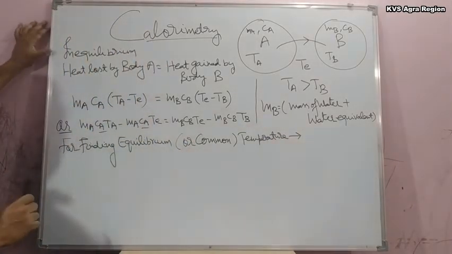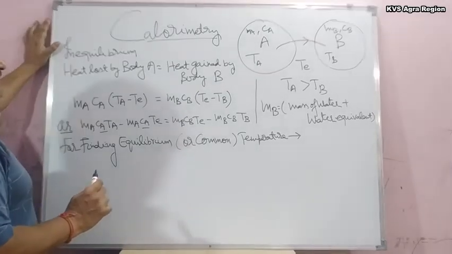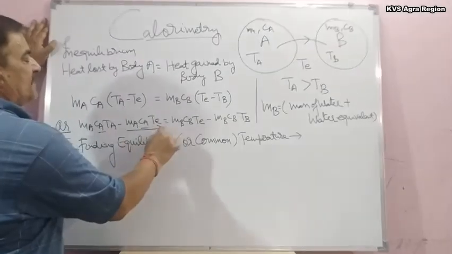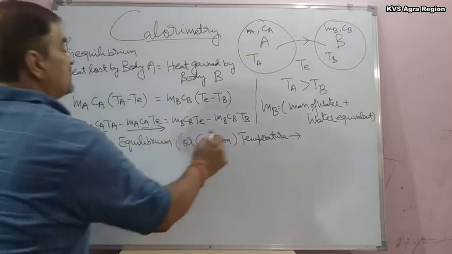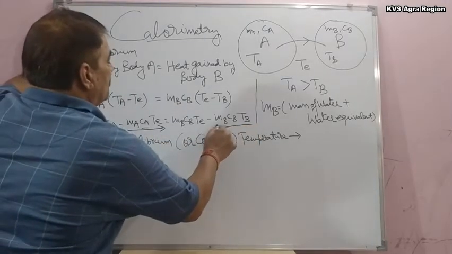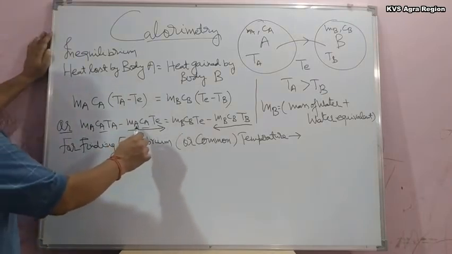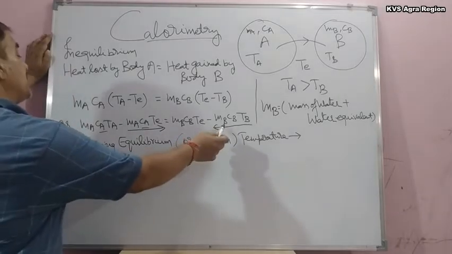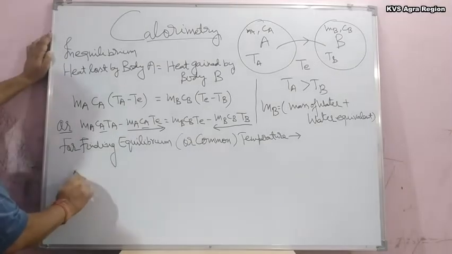As we have to find equilibrium temperature TE, we will have the terms of TE on one side and the other terms, not of TE, on the other side. So we transfer this MA CA TE onto the right side, and from the right we bring this MB CB TB onto the left side.